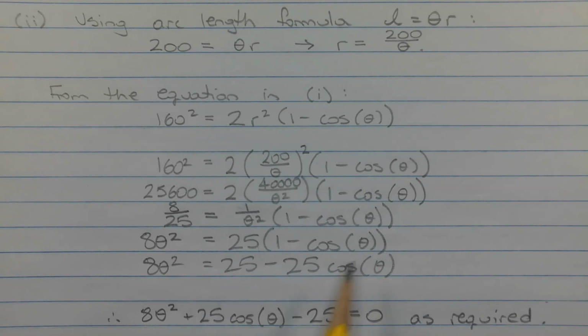Expanding the brackets on the right-hand side, we get 8 theta squared equals 25 minus 25 cos theta. Then we can move everything over to one side. I'm going to move 25 minus 25 cos theta over to the left-hand side. We get 8 theta squared plus 25 cos theta minus 25 equals 0 as required.